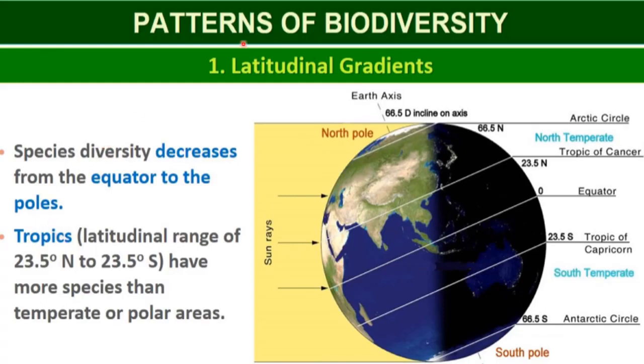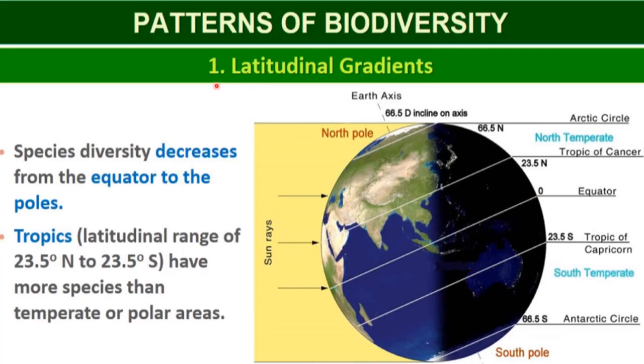Now here in patterns of biodiversity we will study about the latitudinal gradient of biodiversity, that is, how different places have different numbers of species, or you can say there is variation in biodiversity at different places due to their position with respect to the equator of earth, right?